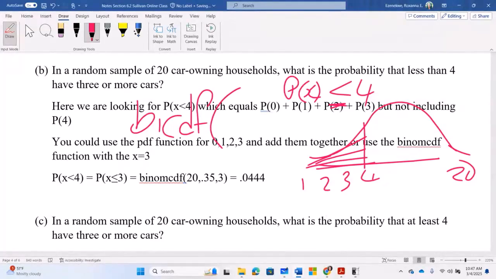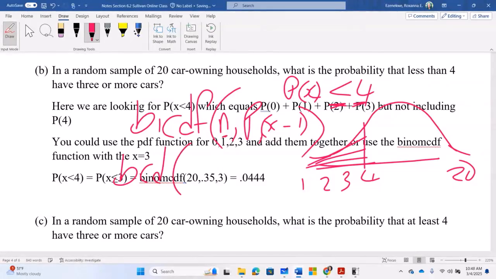And the arguments are n, p, and x: sample size, success, and the number at a time. But this is less than 4, so we're going to write x minus 1 because they told us it's less than 4. Okay, so I'm going to now substitute what I'm given.